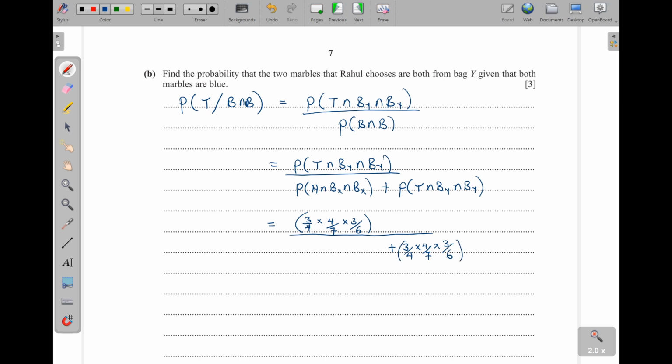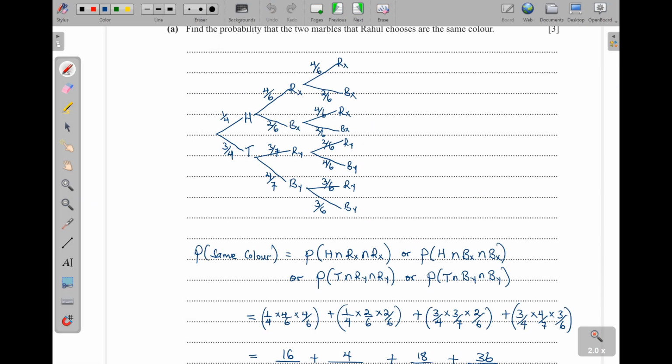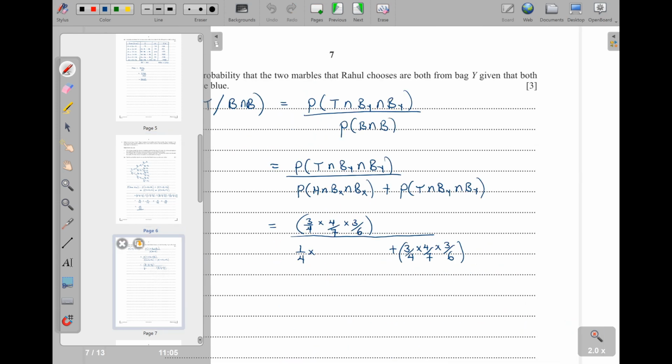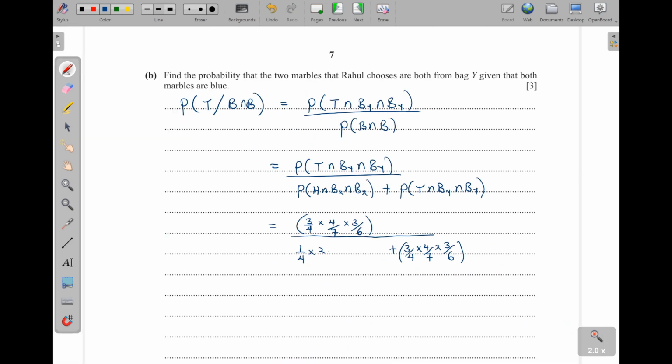Okay, then how about head, blue? Of course, head is, the probability is 1 over 4. So how about blue and blue from that? It is here, 2 over 6, 2 over 6, and this is picking with replacement. So we shall have 2 over 6 times 2 over 6.